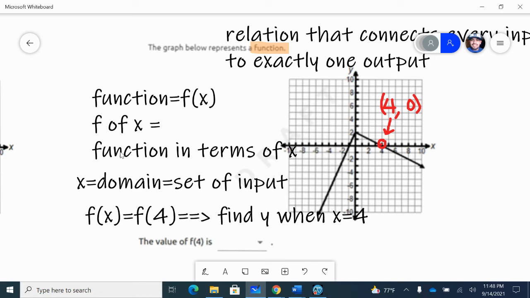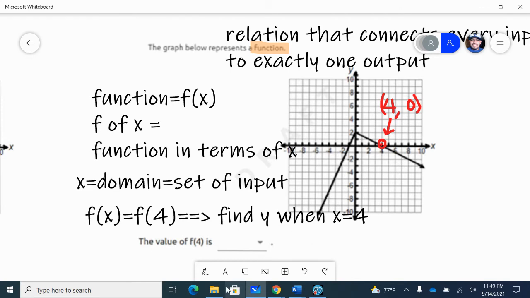This means we have a function y in terms of x, where x is the domain, the set of inputs. Here we have the function graphed out for us, but they want us to find f of 4. What does this mean? They want us to find f, the output, when x is 4. So find y when x is 4. Well, look, when x is 4, what is the value of y? What is my output? 0.